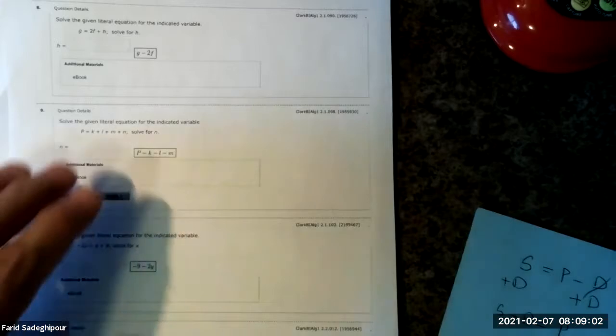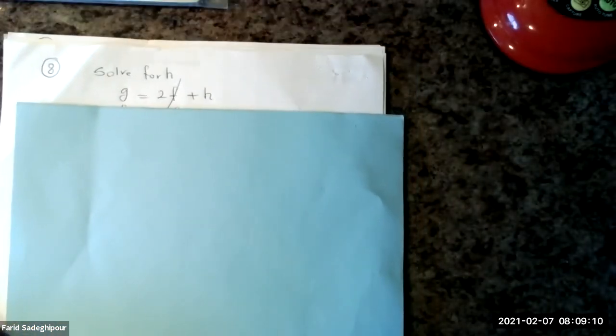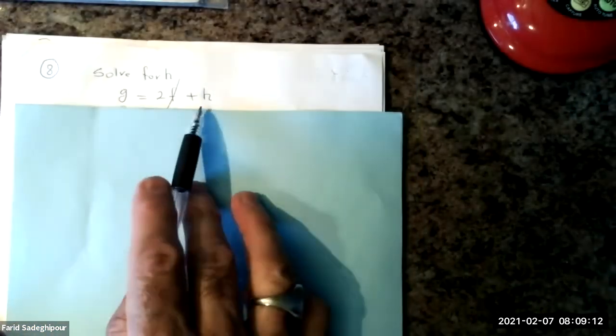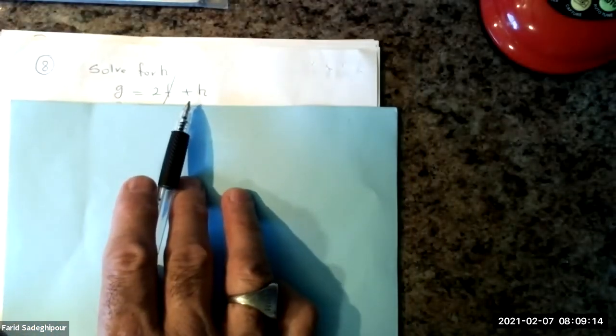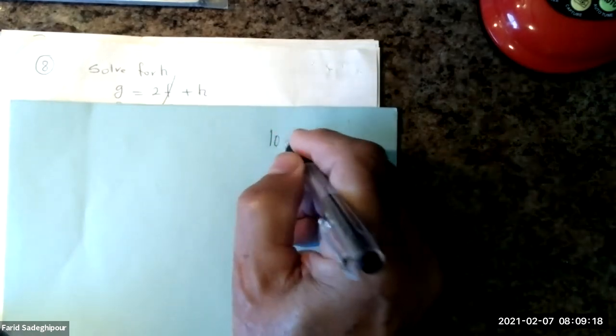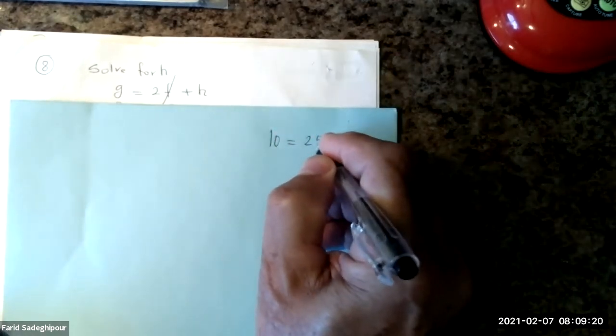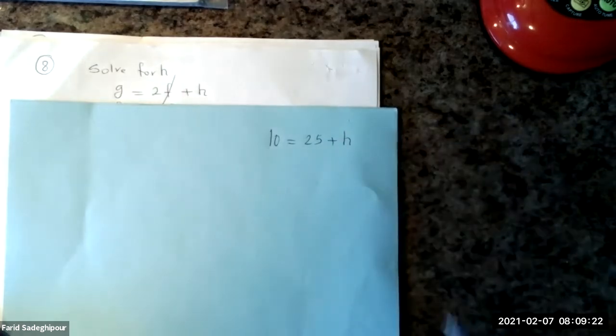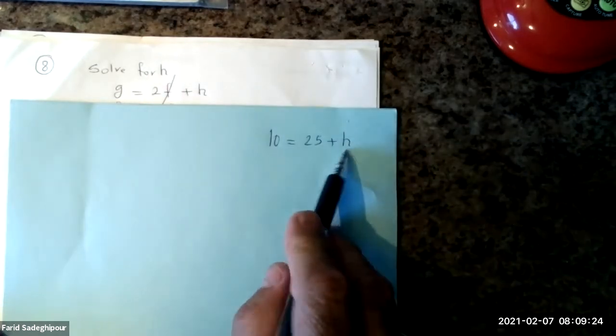And this 8, 9, 10, 11, these problems are also using the same rule. So let's do it here. We want to solve it for the letter H. It's like if I have 10 is equal to 25 plus H, how do you solve this for H?